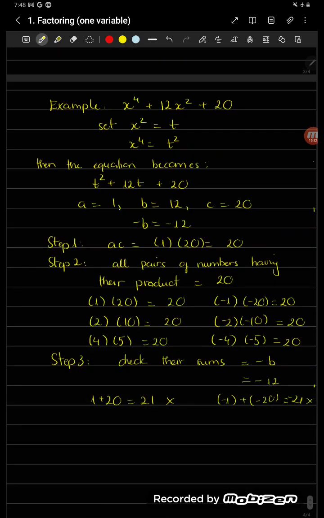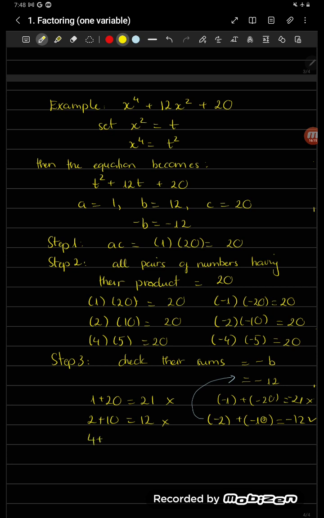And then we have 2 plus 10 equal to 12. It is positive. We need negative 12, so not. We have negative 2 plus negative 10 equal to negative 12. So this one okay, negative 12 here. Okay, so this one works.